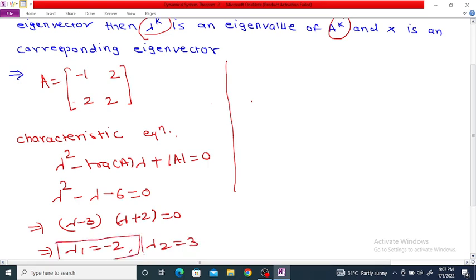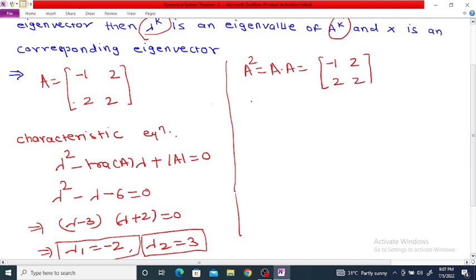Now next, if we determine its square, what is A square? A square is equal to A into A, so it is [-1, 2; 2, 2] times [-1, 2; 2, 2].